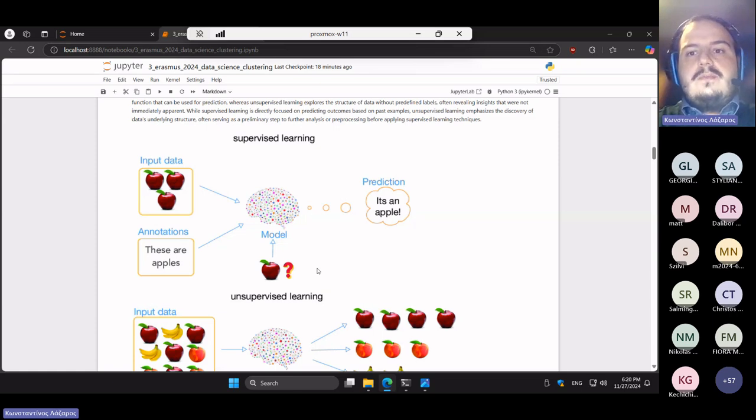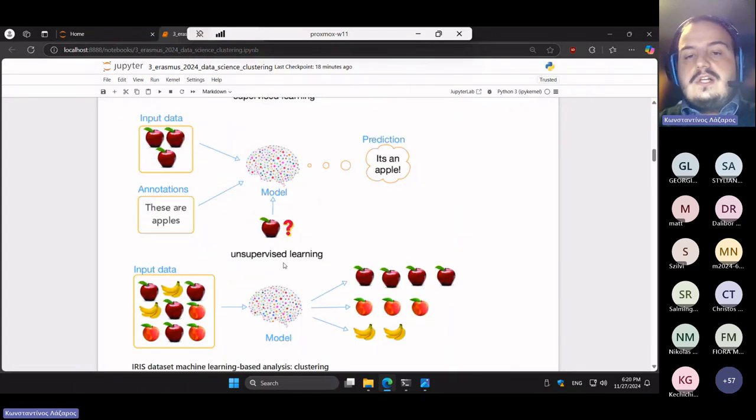I'm just going to mention a few things about it later on. So just to make things a bit clear, whenever you hear about supervised learning, I want you to think of classification and regression tasks. Whereas when we mention unsupervised learning, I want you to think of clustering.